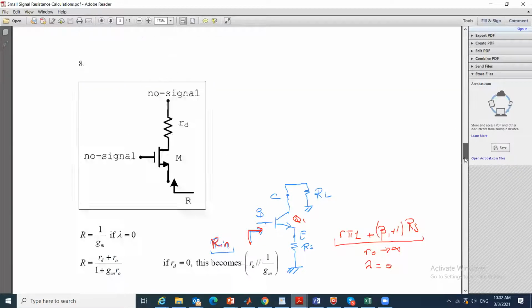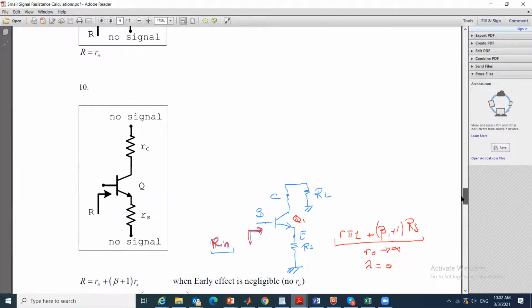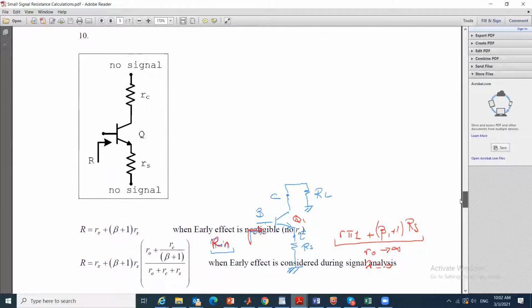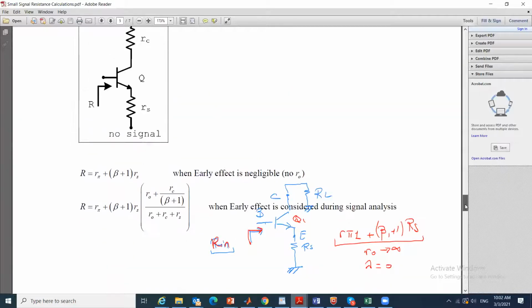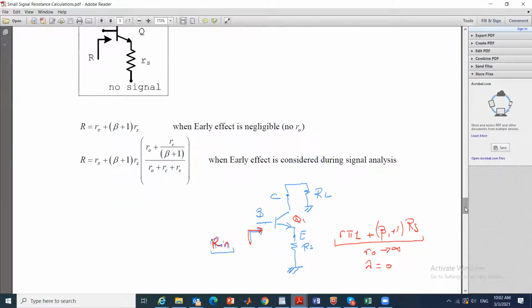Let's go down to the BJT. So there's a rule for the BJT, looking into the base with the emitter connected to a resistance, and for whatever RC that we find here, the rule says that R is equal to R pi plus beta plus 1 times Rs, or if there is early effect, it becomes more involved.